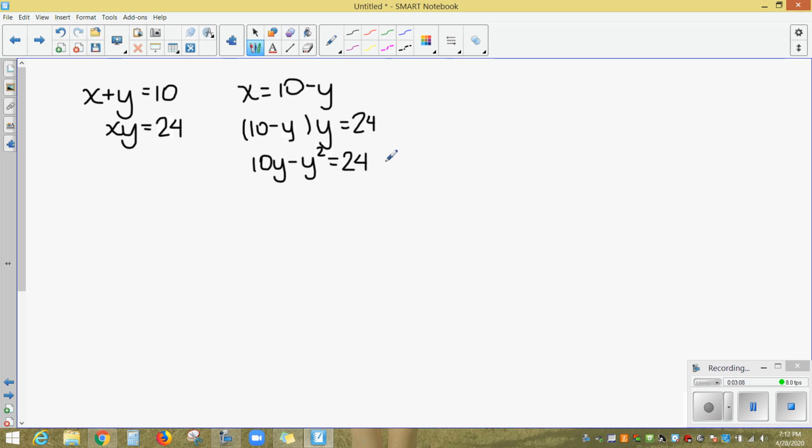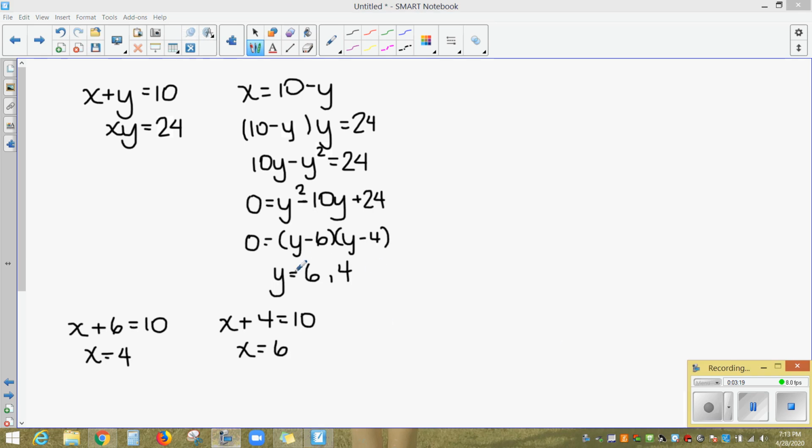Here's my one equation with one letter. It's a quadratic equation, so there will be two solutions. Go ahead and pause the video, solve for y, and then take your y's back to the beginning to solve for x. Okay, so when we solved, we get our y's on one side. We can factor, being careful with our signs, and we get +6 and +4 for y.